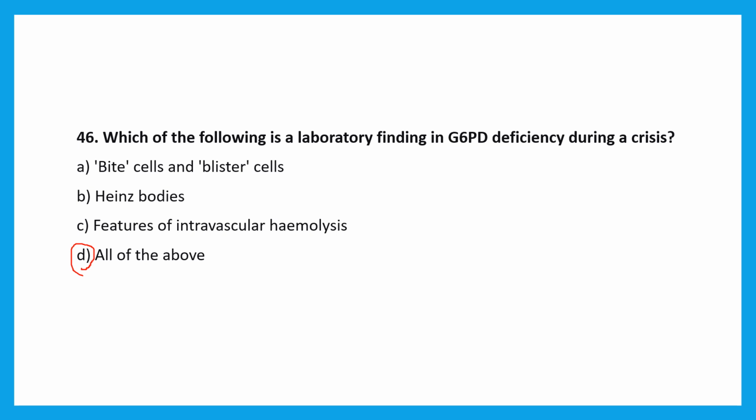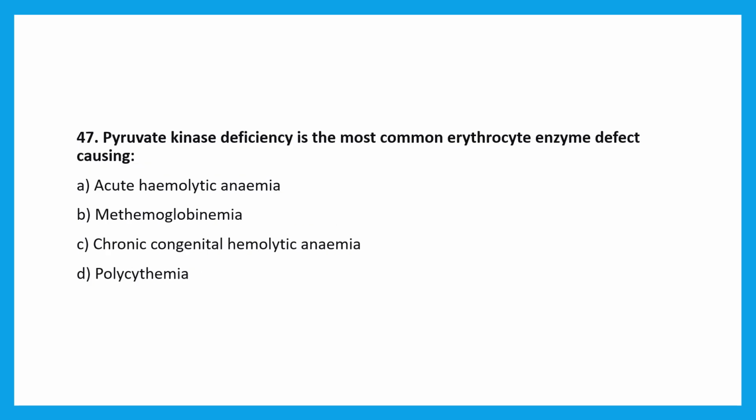Then 47. Pyruvate kinase deficiency is the most common erythrocyte enzyme defect causing acute hemolytic anemia, methemoglobinemia, chronic congenital hemolytic anemia, and polycythemia. And the correct answer here is chronic congenital hemolytic anemia. Why are we saying this?